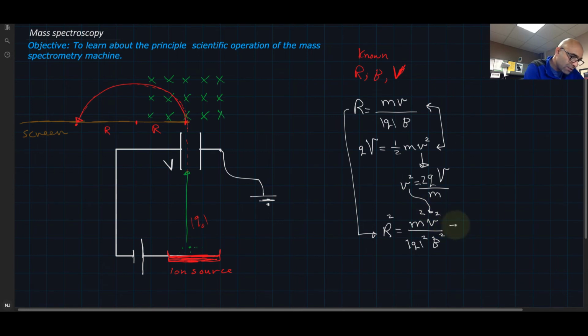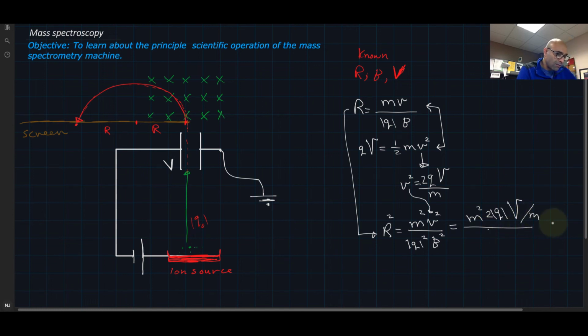So this becomes mass squared, and v squared is equal to 2q times the potential divided by the mass.